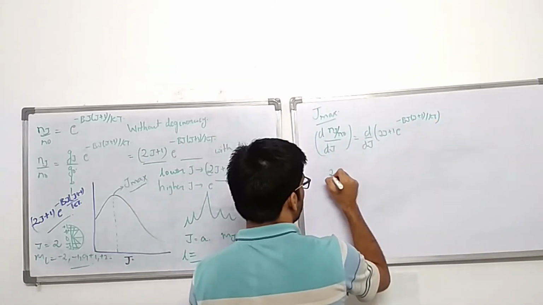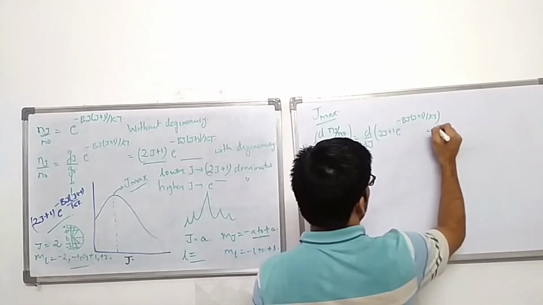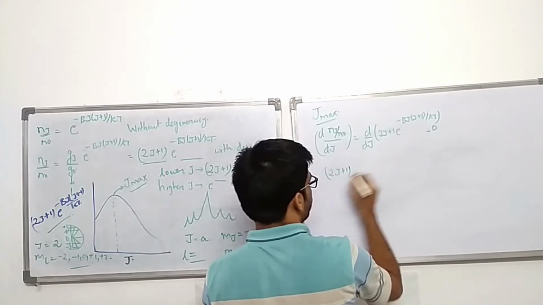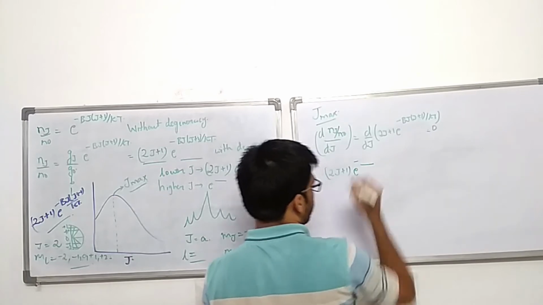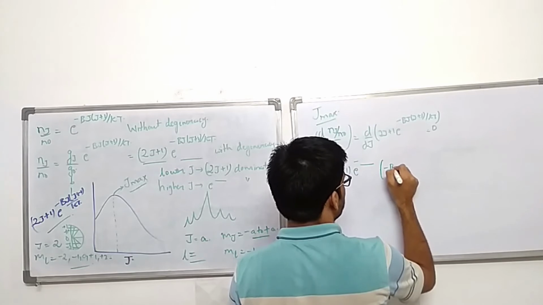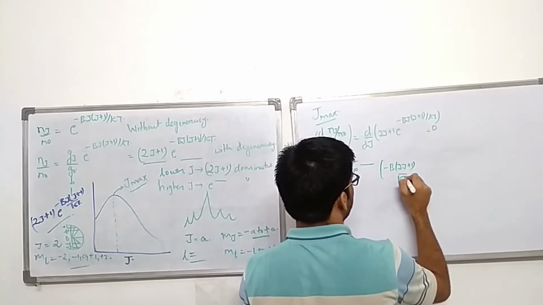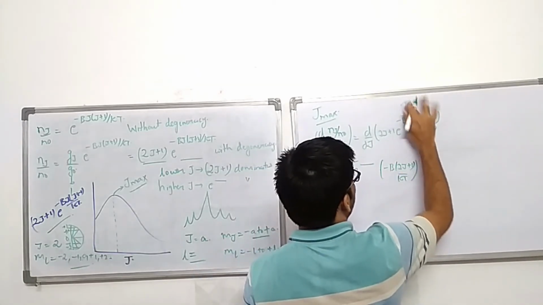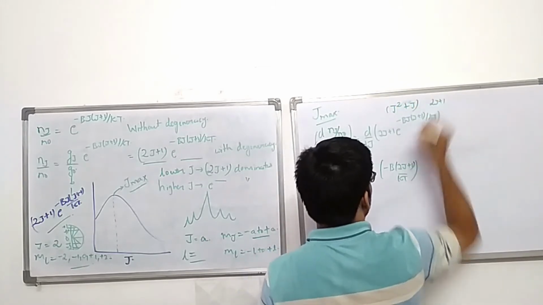Let's solve this. Now this has to be equal to 0 for maxima. So I have 0 equals to this e to the power, I'm not writing it again, into minus B 2j plus 1 by kT. How did I get this? j into j plus 1 is what? j square plus j, and you do the derivative of this, you get 2j plus 1.